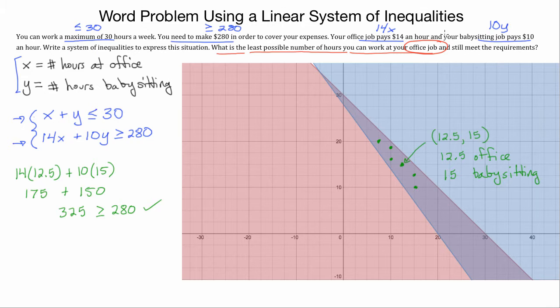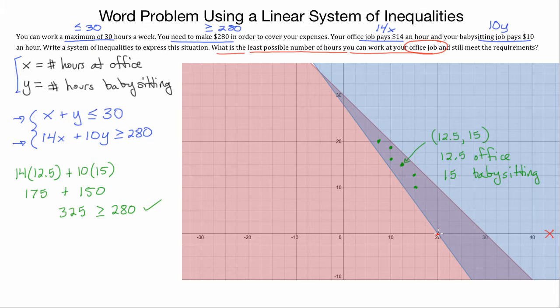Okay, so for that, the office job was my x variable, so I need to look along my x-axis right here. And I want to find the least amount of hours in the solution set that'll still meet it. It may look like this point right here would be the least, right?